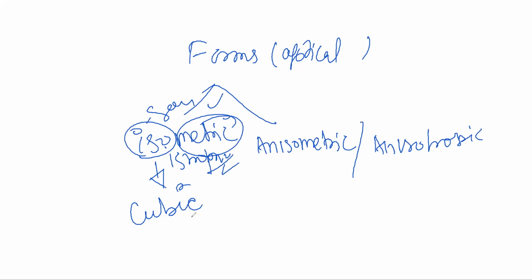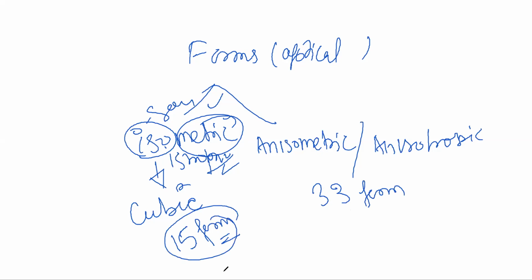So in the cubic system, there are 15 forms, and there are 33 anisometric forms. Out of these 15, all are closed. Again, a question is asked from here. Options may say all isometric forms are open, or some are open, some are closed. They all are closed. Isometric forms are all closed.